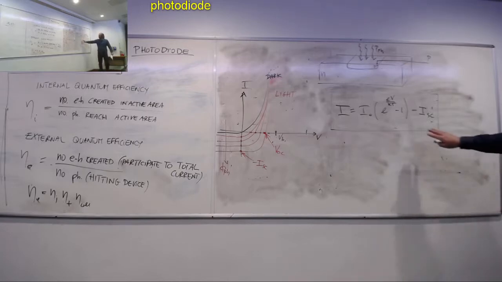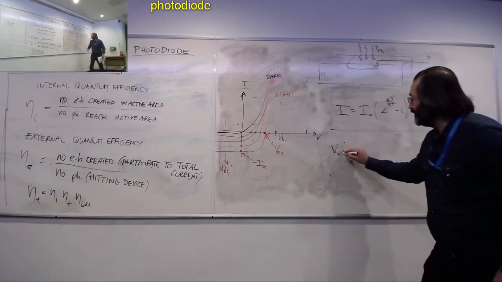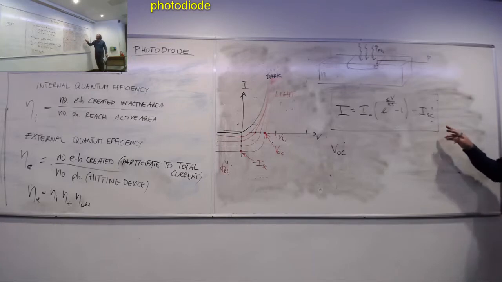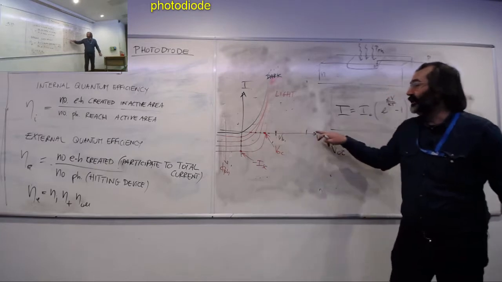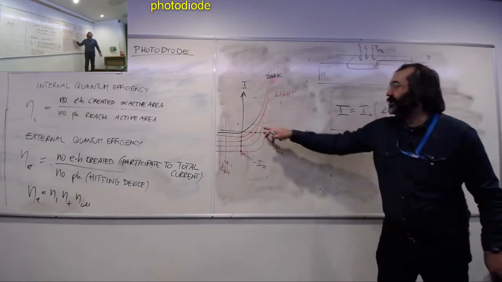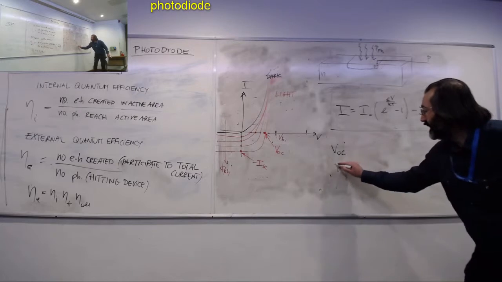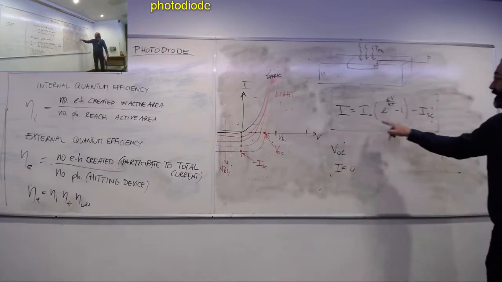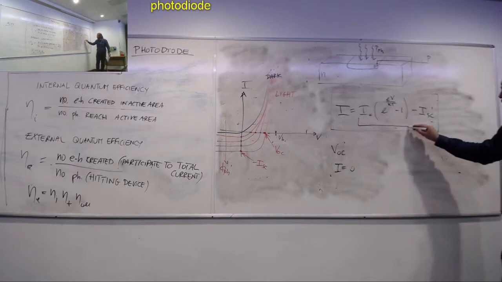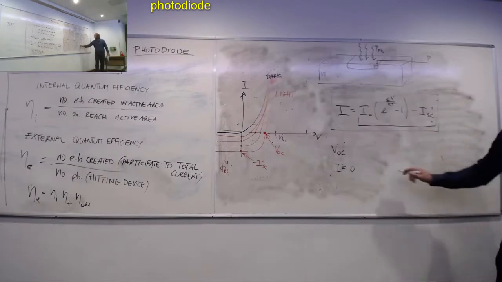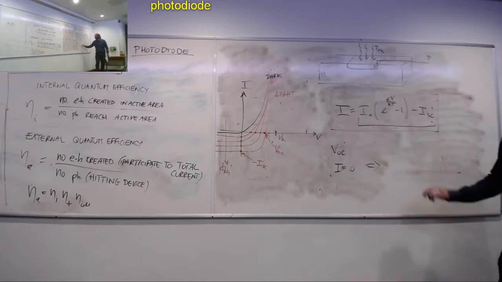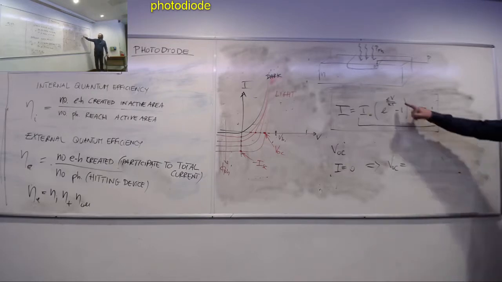From this characteristic, if I wanted to find, say, VOC, VOC would be the intersection of the characteristic with y equals 0, so I equals 0. So I just need to set I equals 0. I put all this quantity equal to 0, and you can easily realize that this brings us to the conclusion that in this situation this becomes VOC, of course.